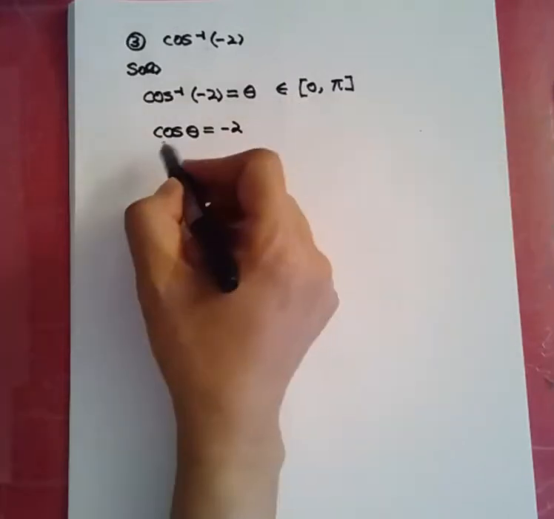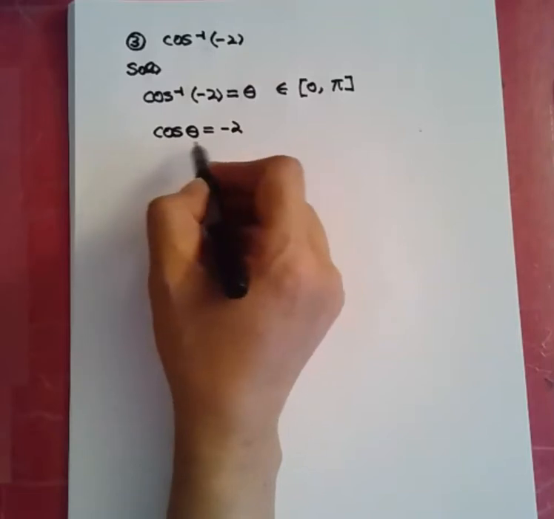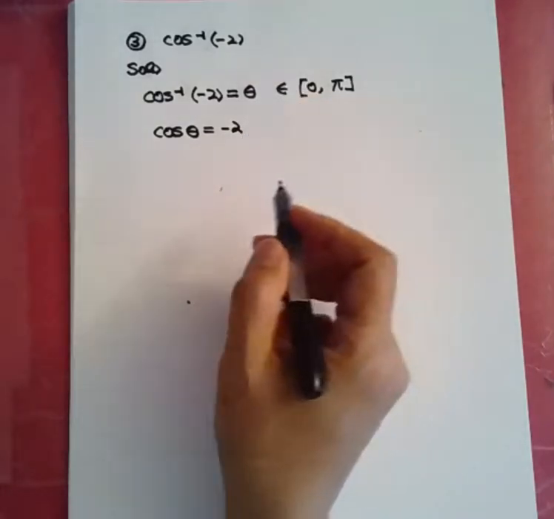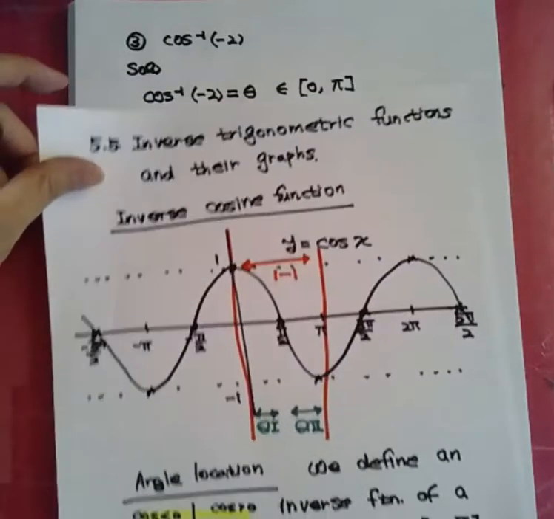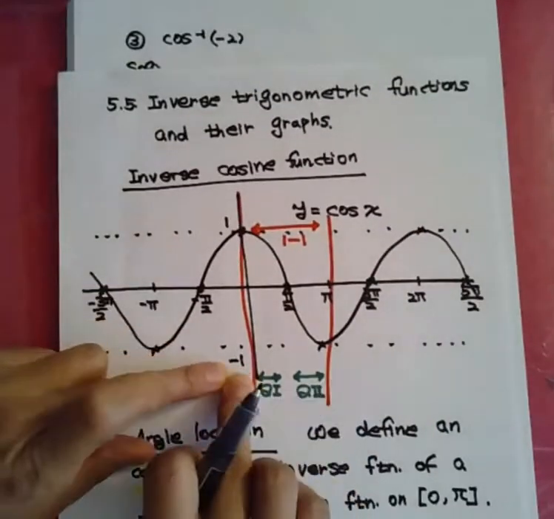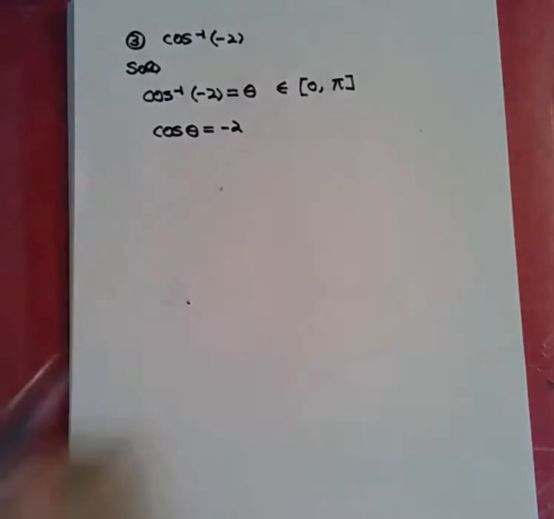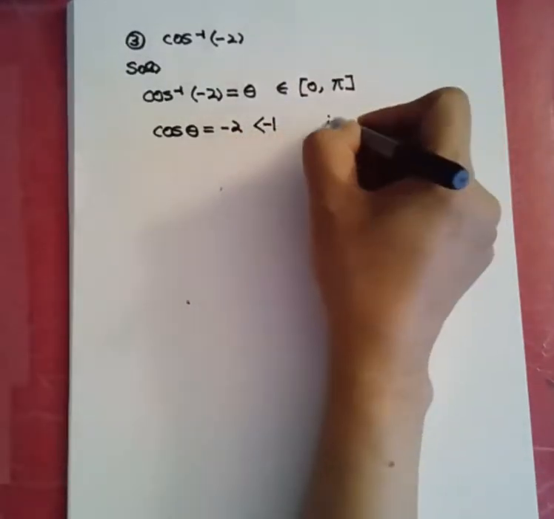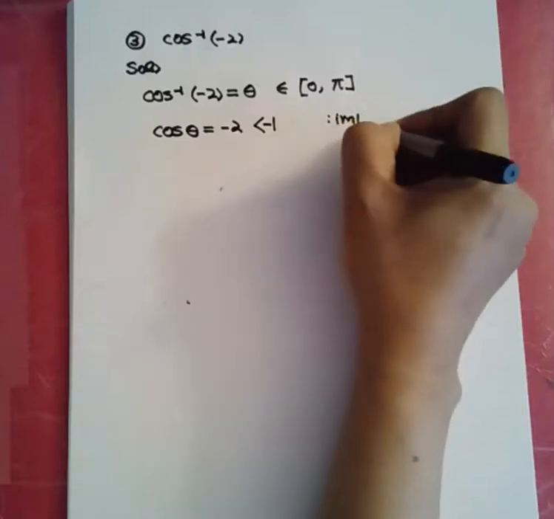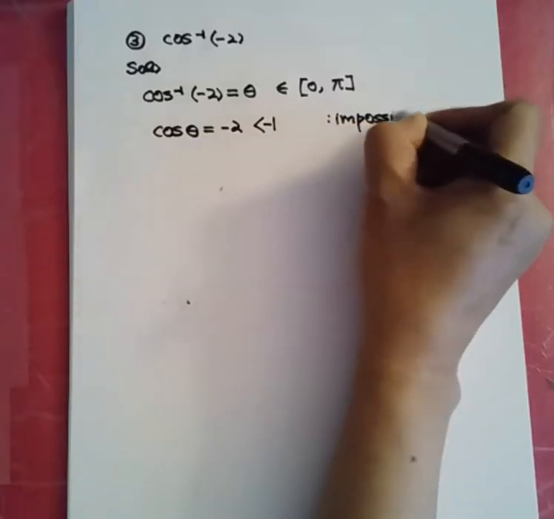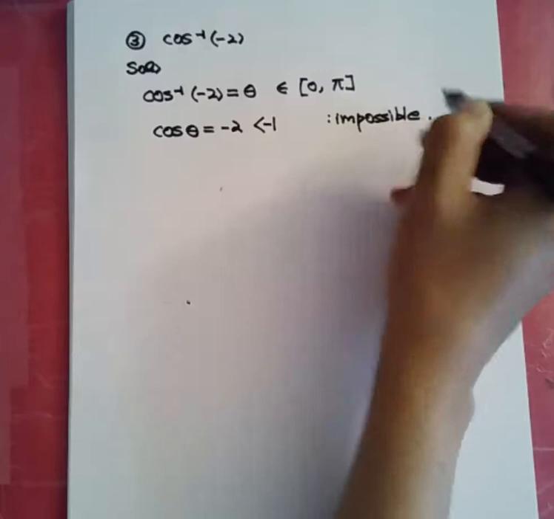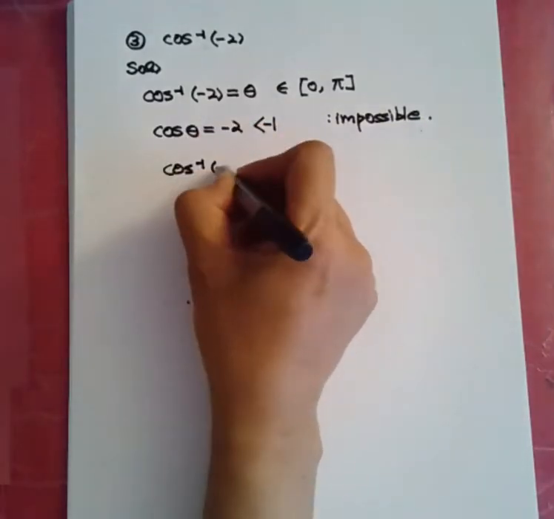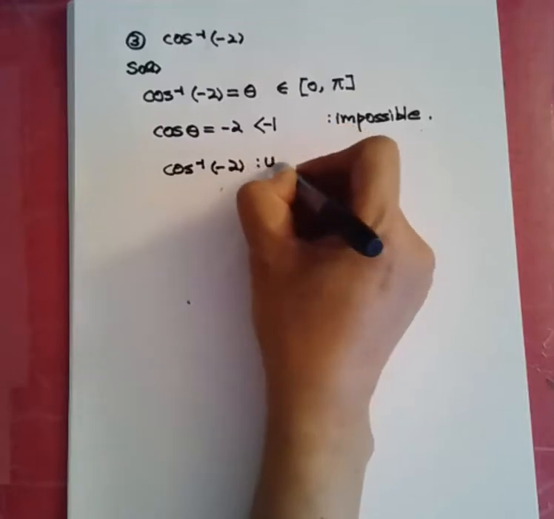But if you look at the number, then you will realize that that is impossible, because the cosine function is bounded by minus 1 and 1, and minus 2 is less than minus 1. That is impossible. Therefore, cosine inverse of minus 2 is undefined.